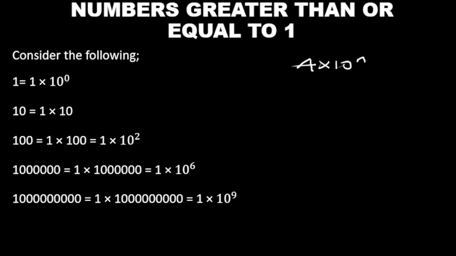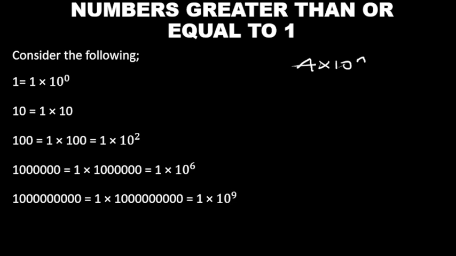If you look at this, 1 can be written as 1 times 10 raised to the power of 0. Remember, 10 raised to the power of 0 is 1, then multiplied by 1, so 1 times 1 is still equal to 1. So in this case, the value of a is 1, then multiplied by a power of 10. So we have expressed 1 in standard form.